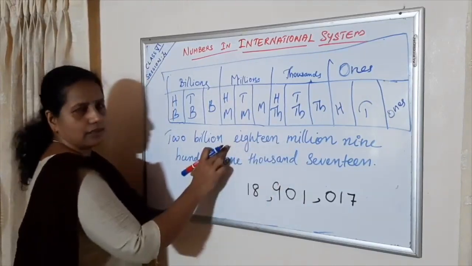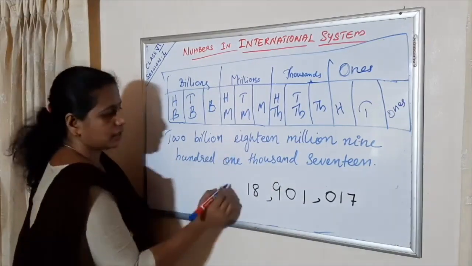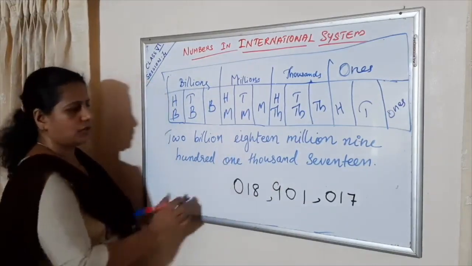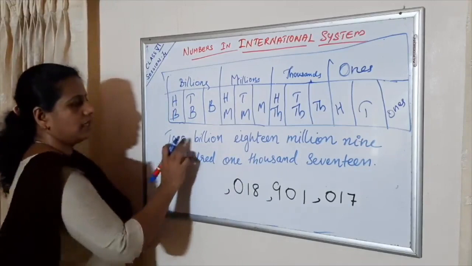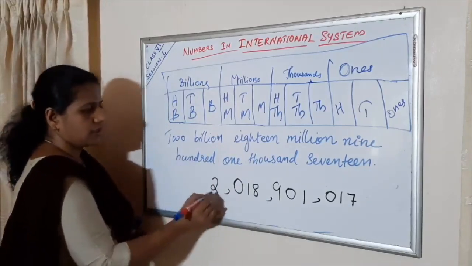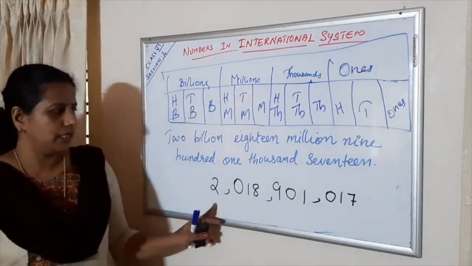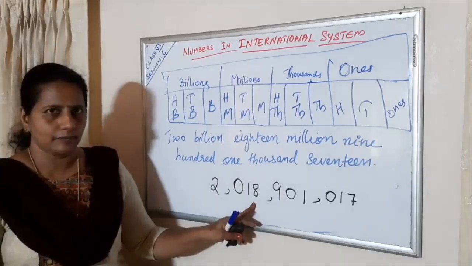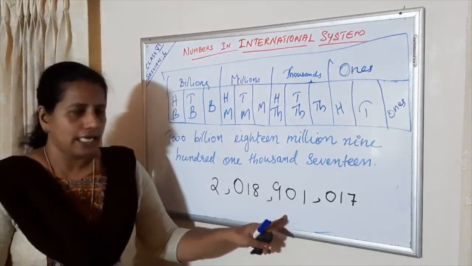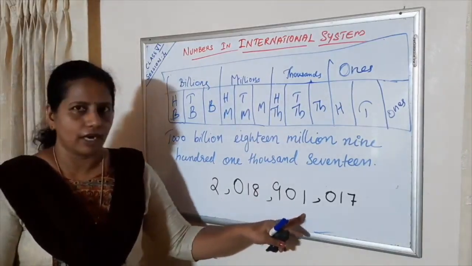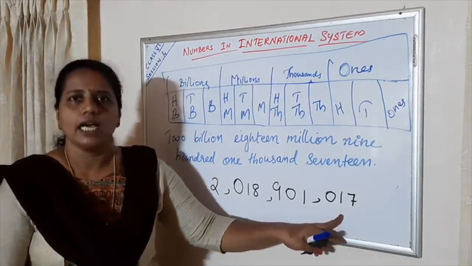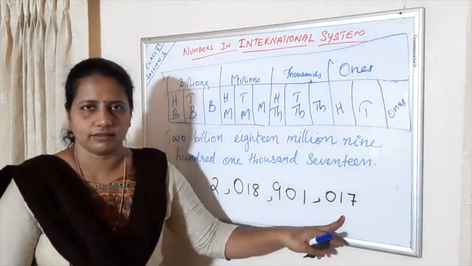Okay, but 100 millions place nothing is there, so put 0. Then insert the next comma. Next one, 2 billion. So the number is 2 billion 18 million 901,017. Okay.